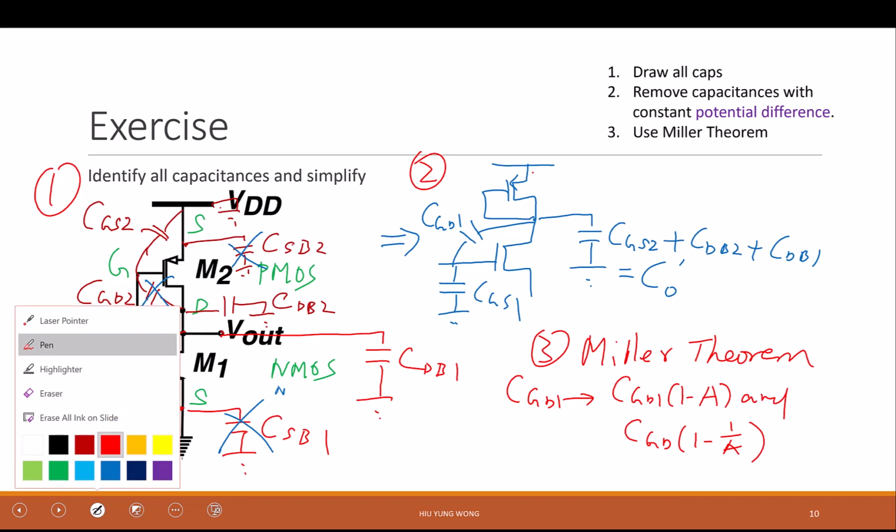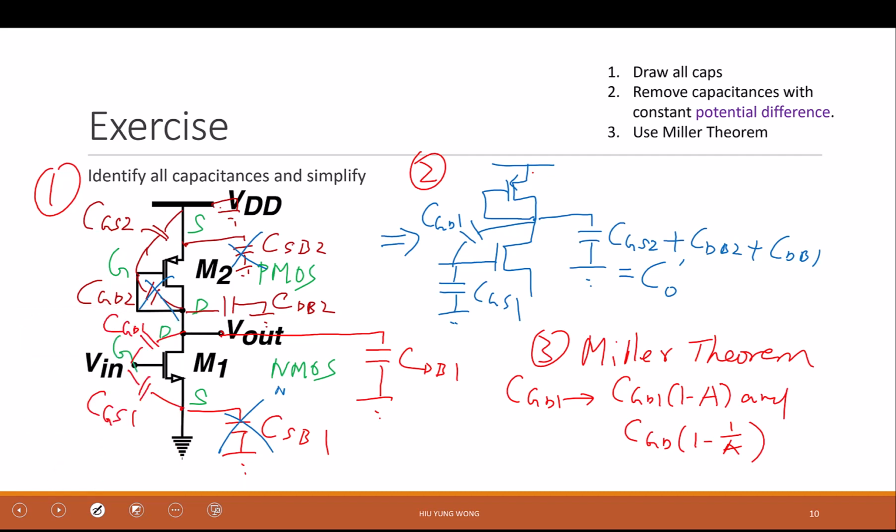Let me give it a name so that I call this CGD1 in, CGD1 out. Okay, then what happened?